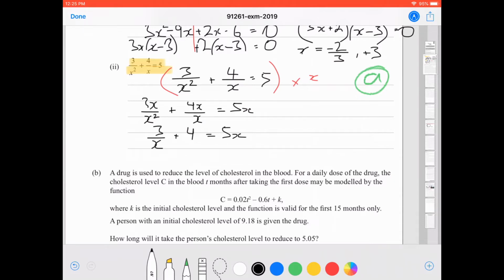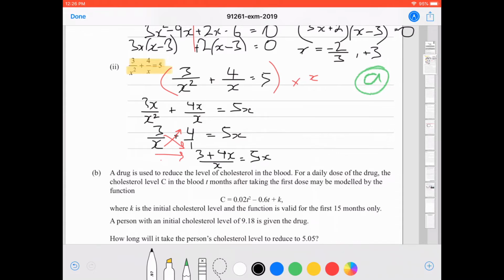Just combining the left-hand side into one fraction. We've got an invisible 1 here, so we can cross multiply. So multiply diagonally and multiply the denominators. We end up with 3 plus 4x over x equals 5x.